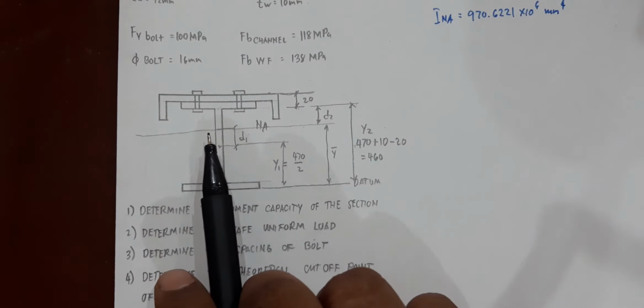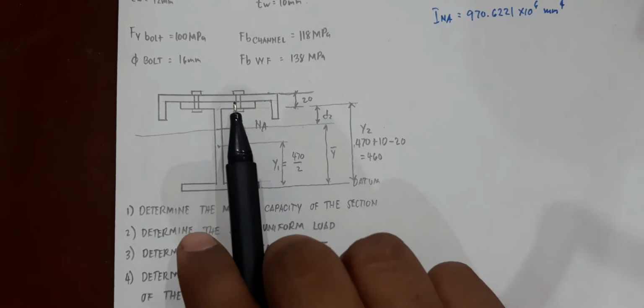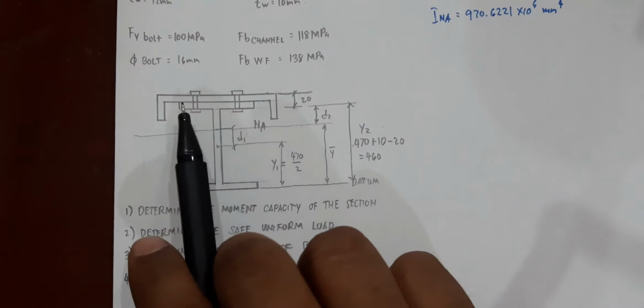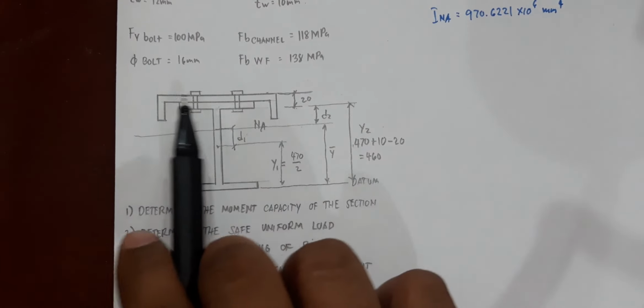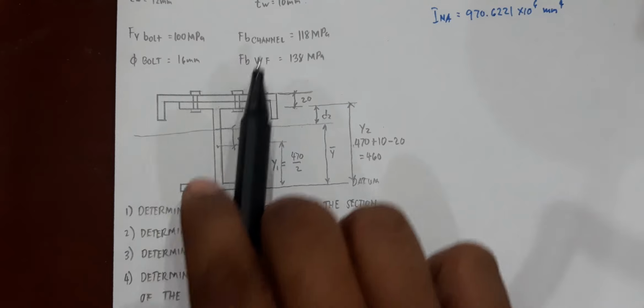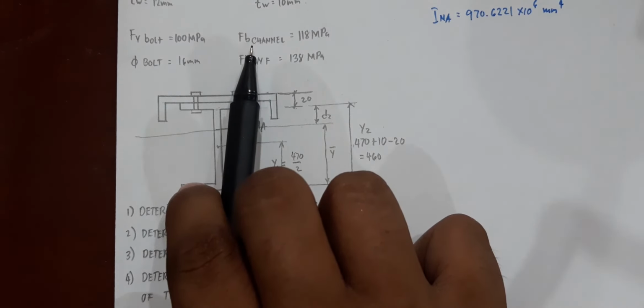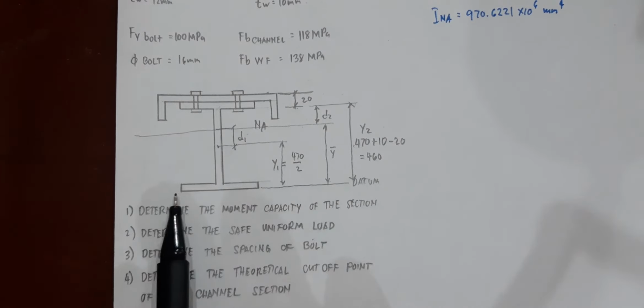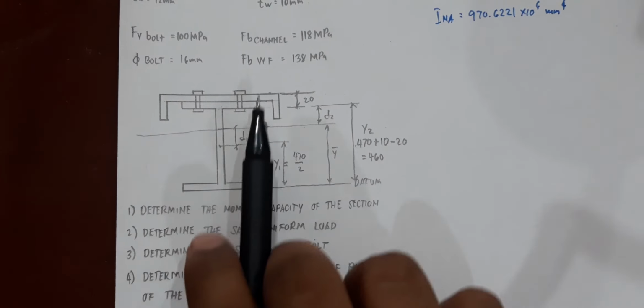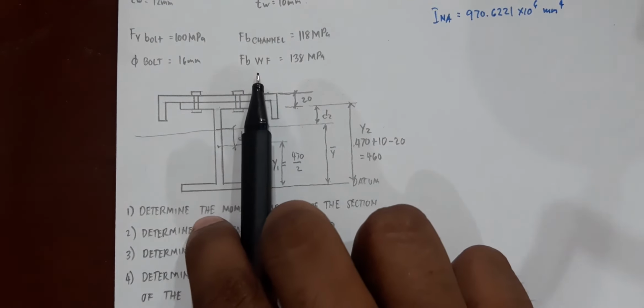If you consider the compression flange, the compression part, then you will make use of the bending stress for the channel. If you make use of the tension side, then you will be utilizing the bending stress for the wide flange.